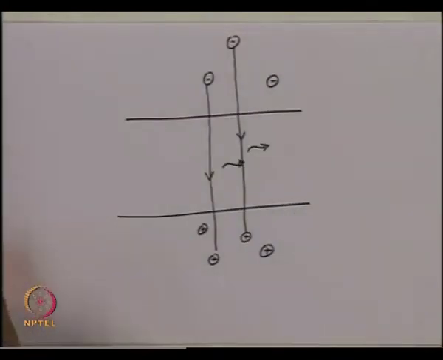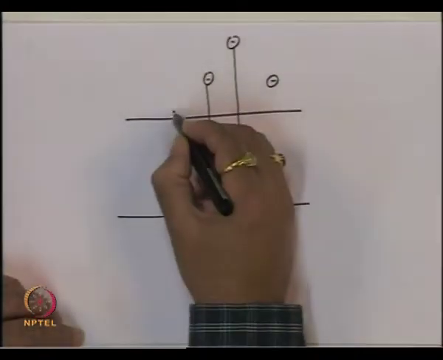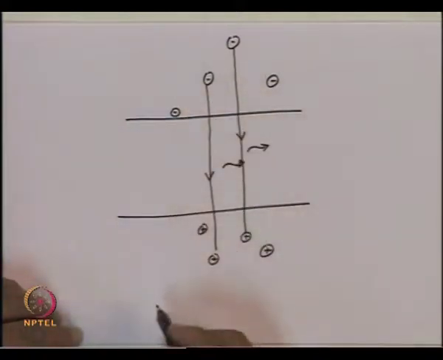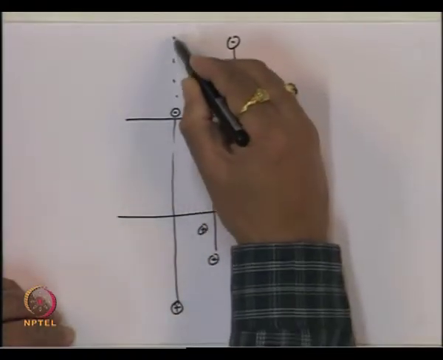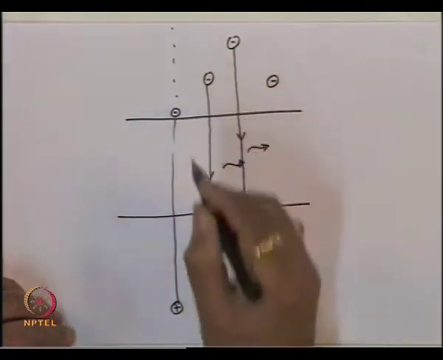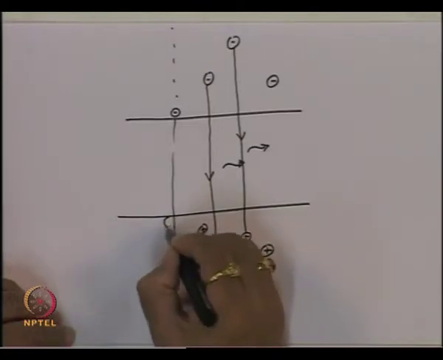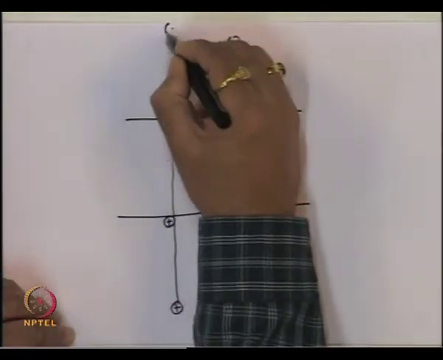So we are saying that all electrons starting from here, for which the corresponding hole lies somewhere here, we can go all the way up till the hole lies on this edge, and then you have the corresponding electron here.